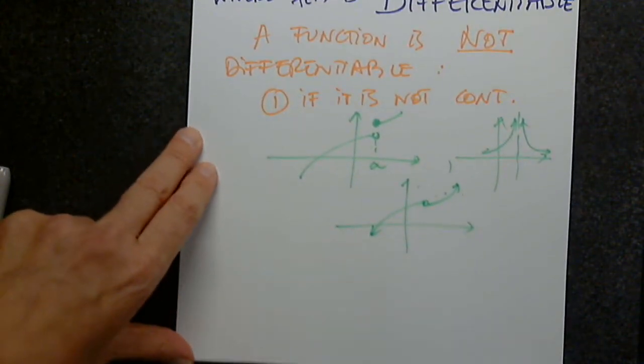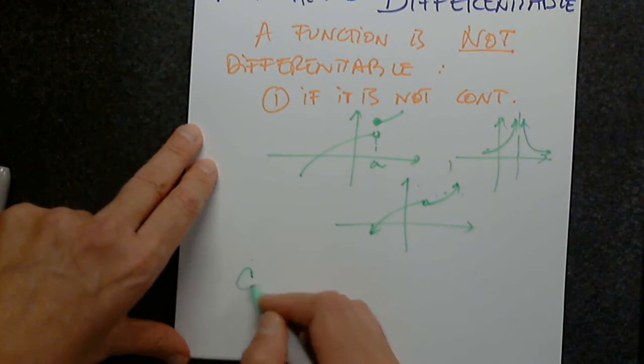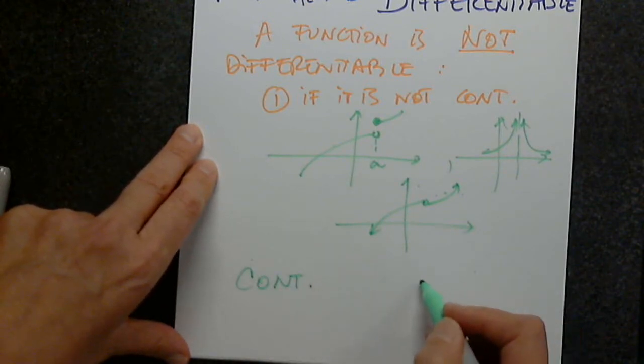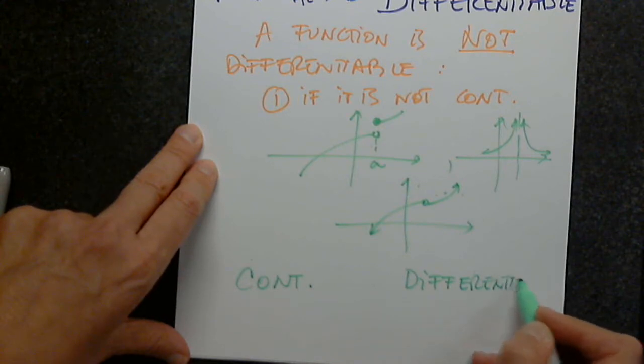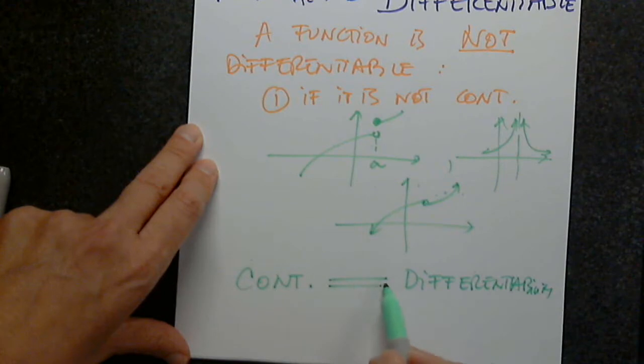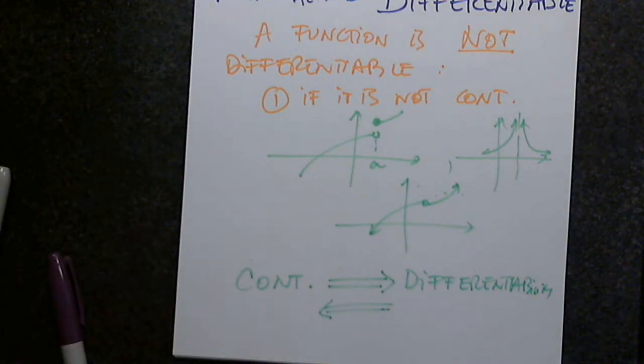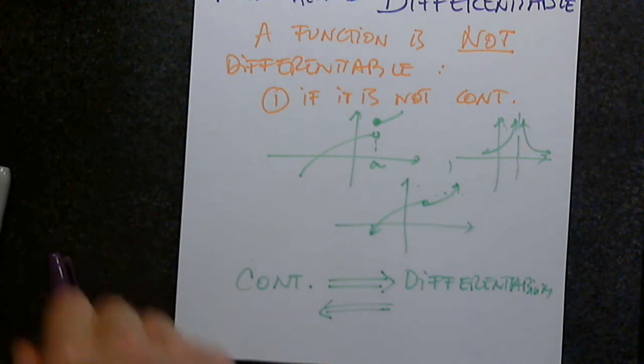So here's a relationship that we have to understand. Continuity, differentiability. Is this correct? Does this imply that? Is this correct, or are they both correct? Before you answer, let me give you examples.